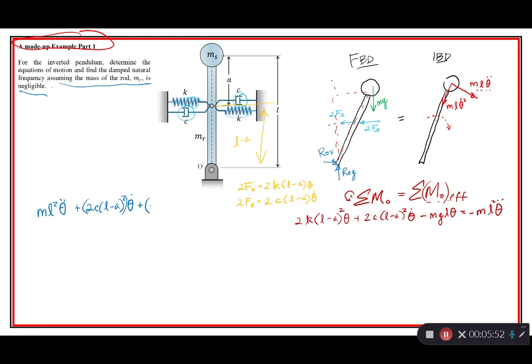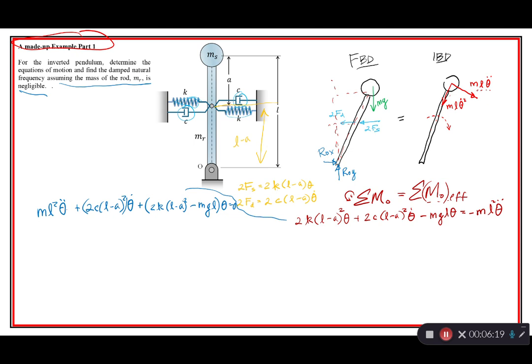So I'm going to go 2k L minus a squared, and then minus mgL, and then theta equals 0. Kind of getting the thing in the way. Did I do that? No. It looks like I got it.